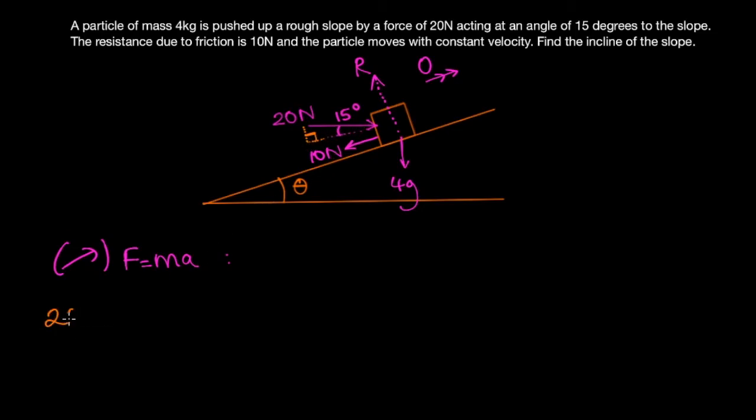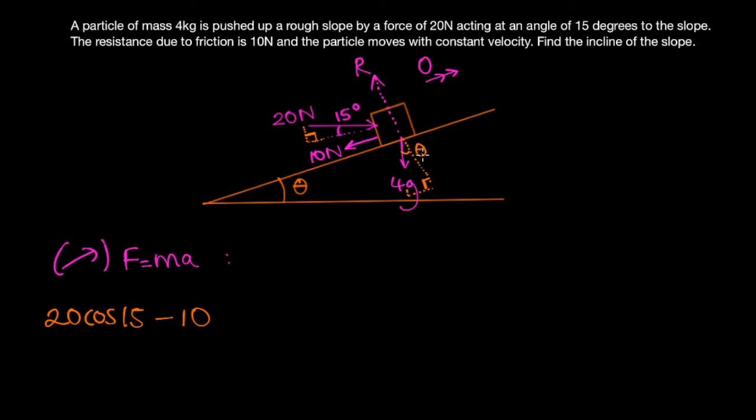So 20 cos 15 up the slope, and then the two forces going down the slope, we have the 10 newton force from the friction, and we also have the component of the weight, which is parallel to the slope as well. So let's draw the triangle again. This angle right here is theta.